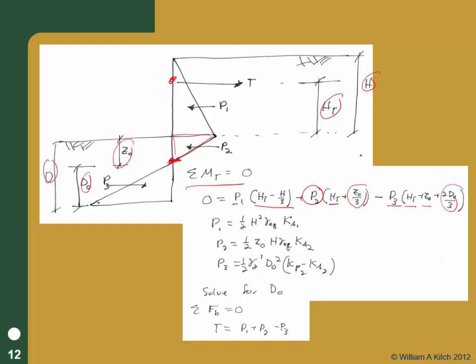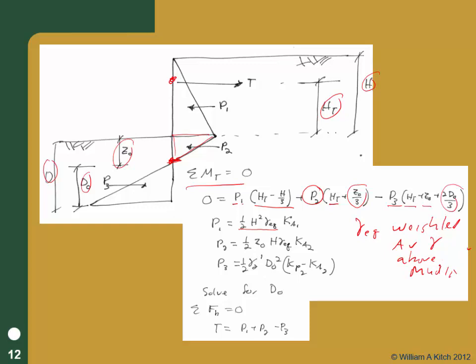And we can calculate each of these forces. So P1 is simply 1/2 gamma EQ squared times H squared times Ka, where gamma EQ is the weighted average of gamma above the mud line.